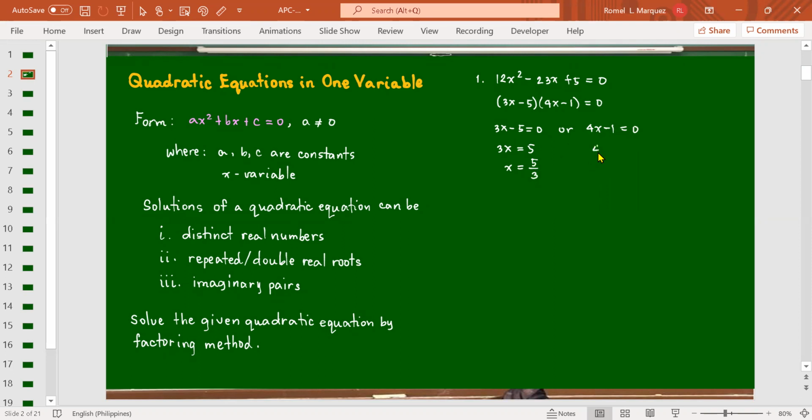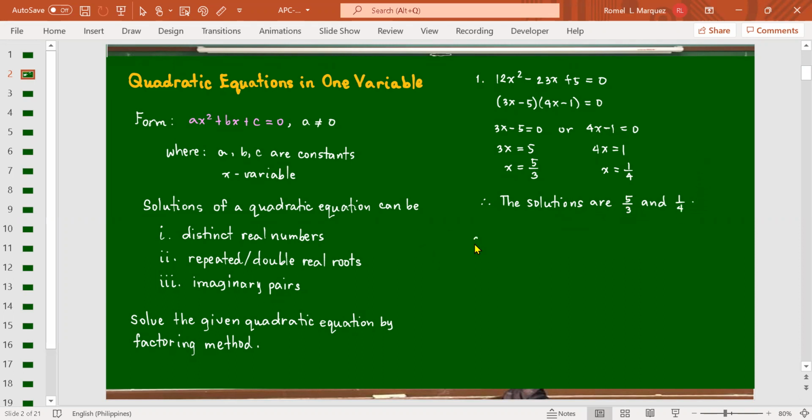Or 4x is equal to 1. Dividing by 4 each side, we have x equals 1/4. So therefore, the solutions are 5 over 3 and 1/4. Okay?